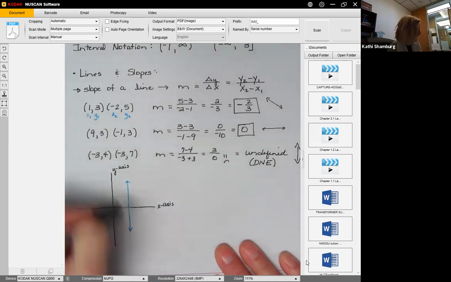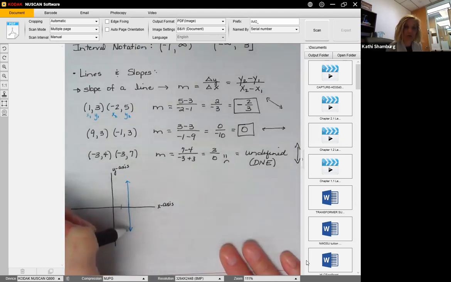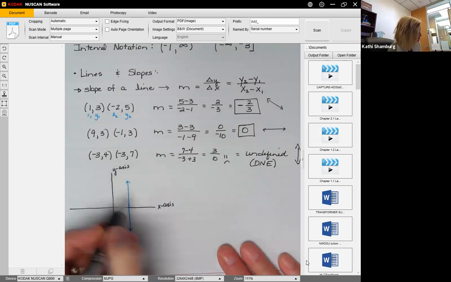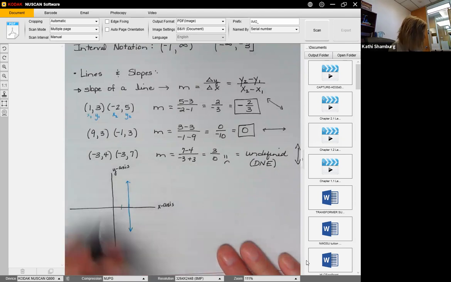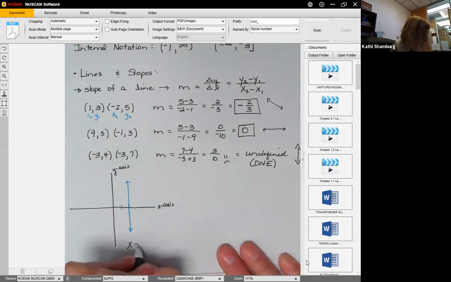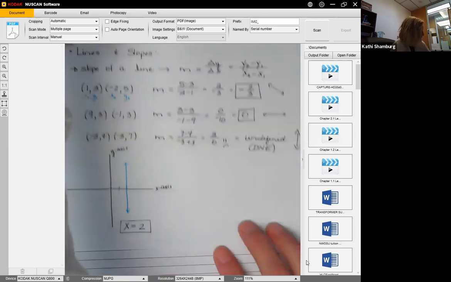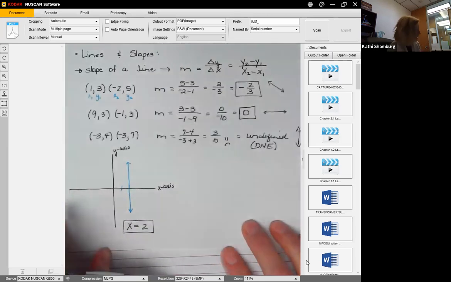This, of course, has a slope that is undefined or does not exist. And for the equation, you look at where it crosses the axis, and it crosses the x-axis at 2. So this equation would be x equals 2. You don't have an x and a y variable. When it's a vertical line, you will only have the x variable.